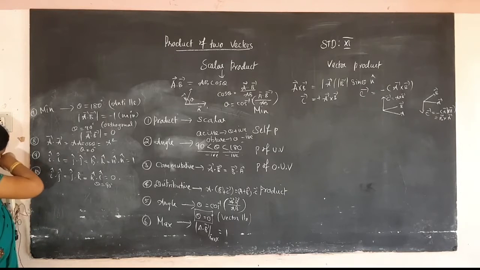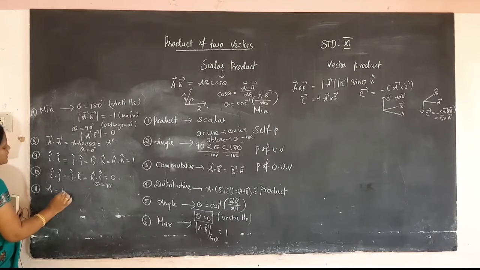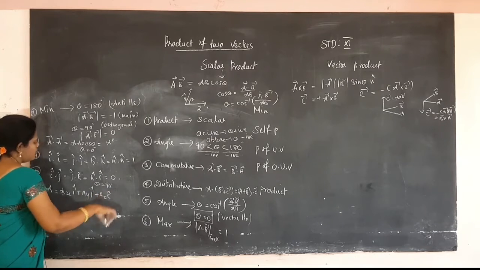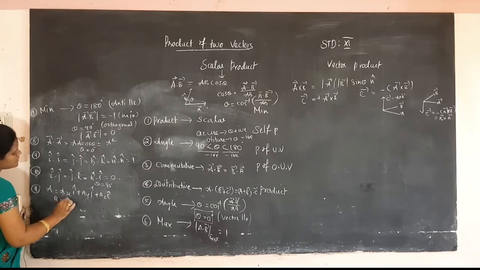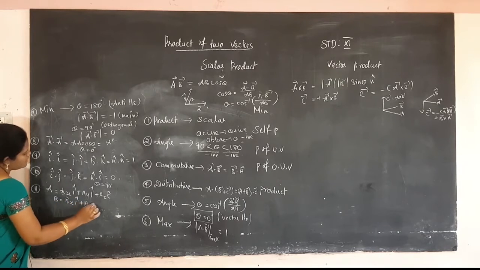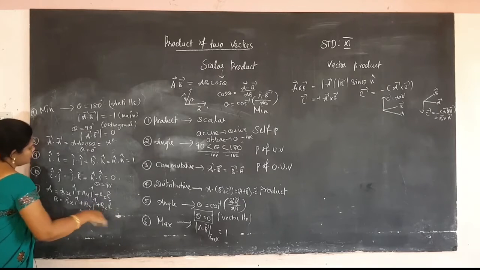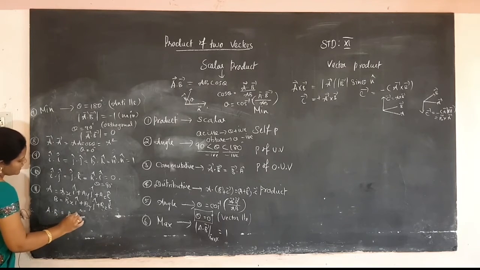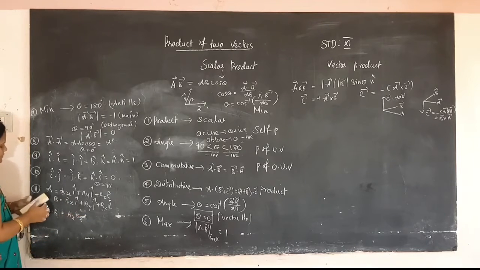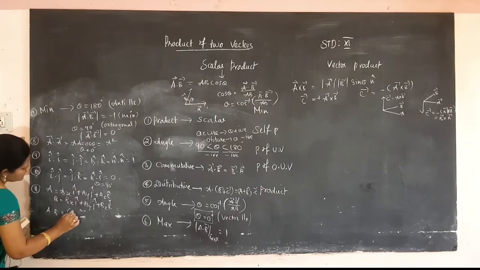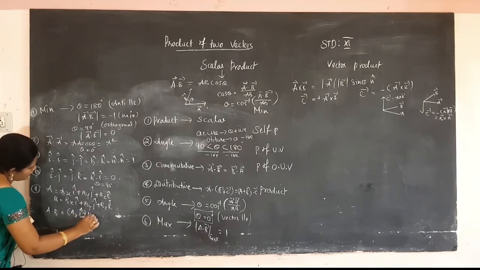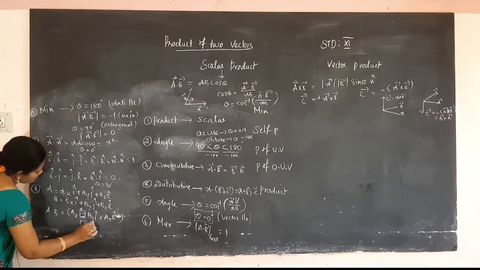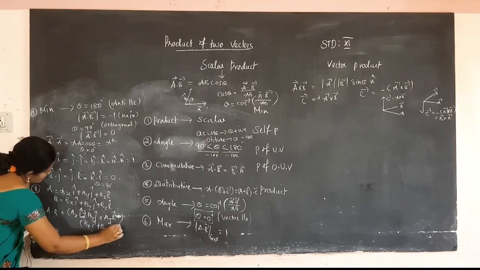And then, how to find the product of two vectors in scalar form? We take a as ax i, ay j and az k, and we multiply a dot b, where b is taken as bx i, by j and bz k. How do you multiply these two? a dot b is equal to (ax i cap plus ay j cap plus az k cap) into (bx i cap plus by j cap plus bz k cap).